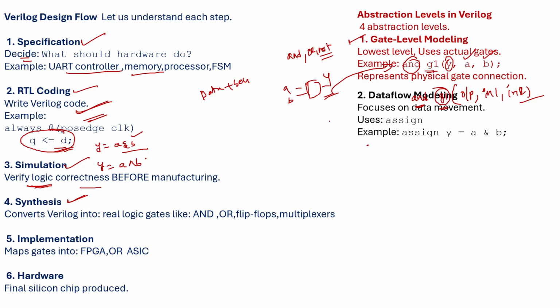Continuous assignment means whatever combinational circuits we implement, we get the output continuously without waiting for the next input. Whatever input we give, immediately we get the output. A equal to 1, B equal to 1, there is no dependency here. That's why we go for the data flow model for continuous assignments.